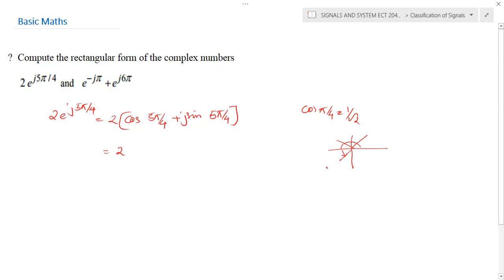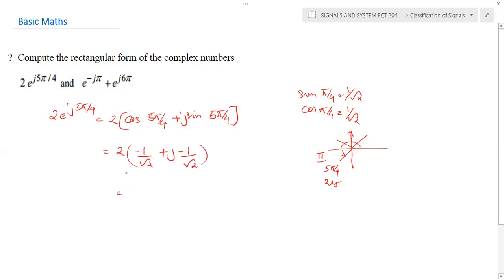So we'll get 5 pi by 4 is equal to 225. So cos is in the third quadrant, so it becomes minus 1 by root 2 plus j, again sine 5 pi by 4 in the third quadrant. Sine 5 pi by 4 is also 1 by root 2 in magnitude, and in the third quadrant, so you'll get again minus 1 by root 2.